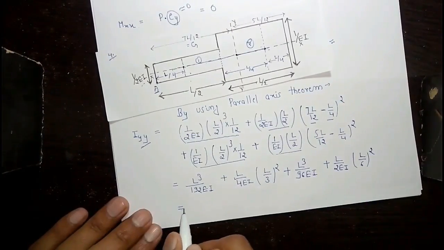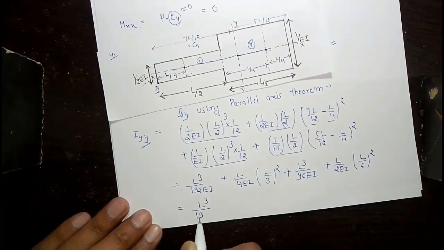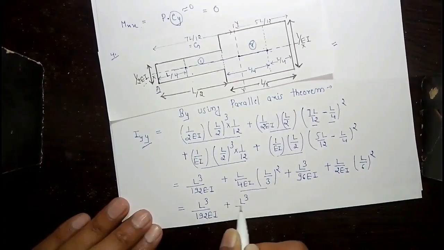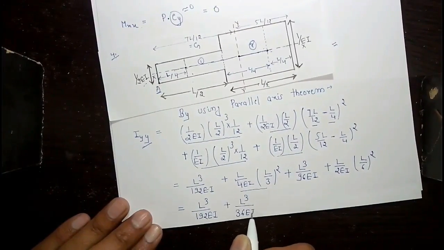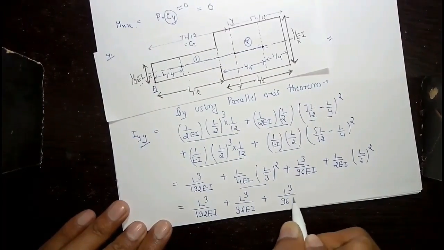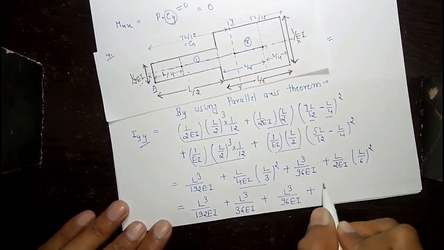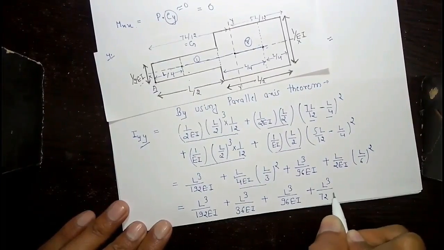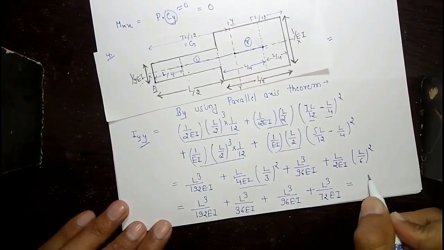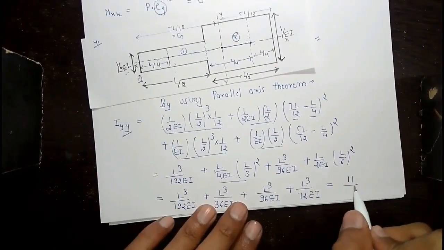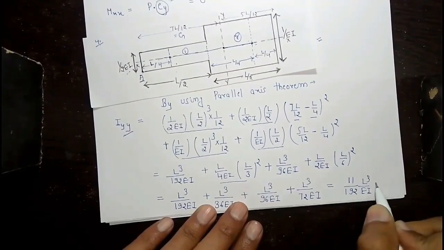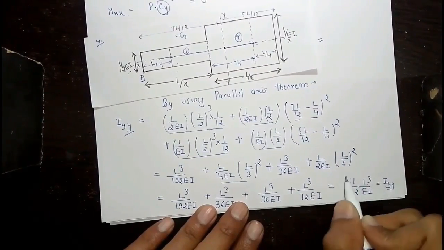Now again we have L cube divided by 192 EI plus L cube divided by 36 EI plus L cube divided by 96 EI plus L cube divided by 72 EI, and this whole term will be equal to 11 by 192 L cube divided by EI, which is the moment of inertia about the YY axis.